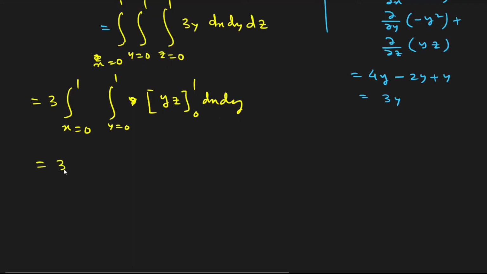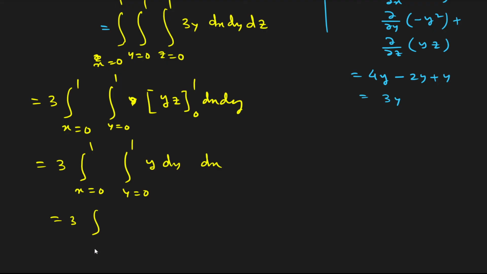And then 3 is constant, integration x equals 0 to 1. After putting the limit in place of z, 1 and 0, you have only y dy, and then dx. Now we'll integrate this part. Integration of y is y square by 2 between the limit 0 to 1, and then dx.